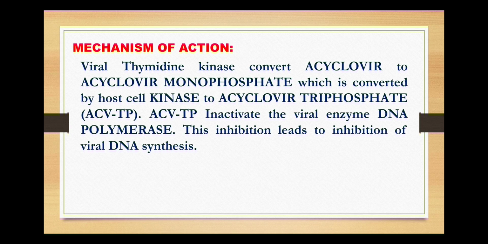Next, move on to the mechanism of action of this compound. This is a very important one. The viral thymidine kinase, that is the enzyme of the virus, converts the acyclovir to acyclovir monophosphate, which is then converted by the host cell kinase to acyclovir triphosphate, that is ACVTP.